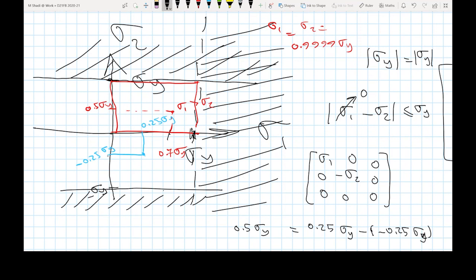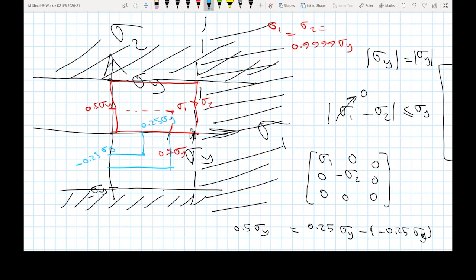See, because minus is plus, so you have 0.5 sigma y. So basically, you are adding these two numbers together. Whenever the addition of these numbers is going to go beyond sigma y, then in this case, you will have failure. So if you go to this point, I'm just going to use exactly the same point, 0.7, and then on the other side, you have 0.5.